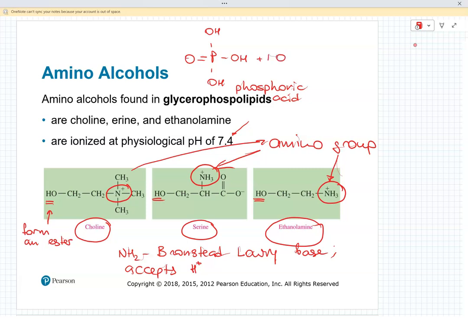So you add the OH group, the alcohol part. So what you end up with is this. Clear? And water goes away. Am I making sense right now? Good? Okay.